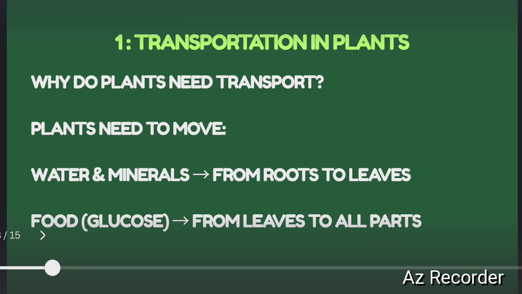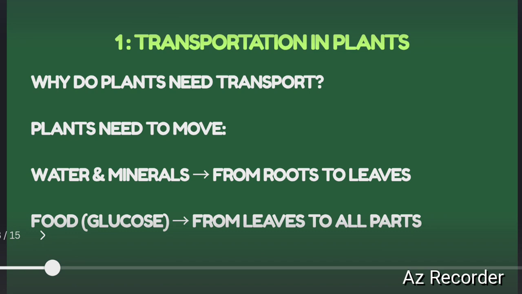Water and minerals are mainly transported from the roots to the leaves, and food in the form of glucose from leaves to all parts of the plant. Water and mineral transportation mainly occurs in one direction, whereas food translocation occurs in both directions, that is the upward as well as the downward direction.